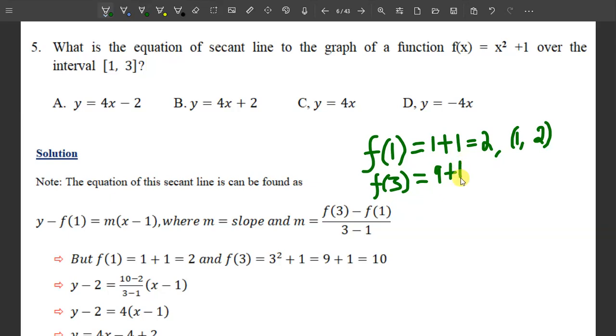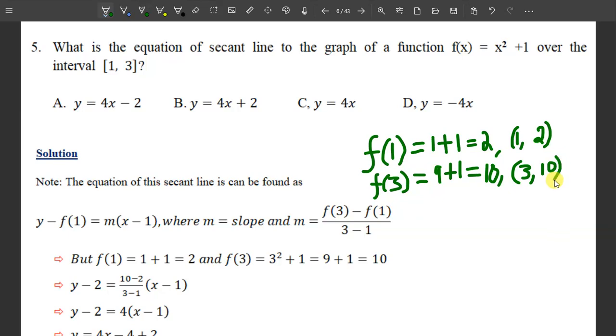And we have 10 here. Now, as a result of this, we have this point also, 3 comma 10. The value of y is 10.